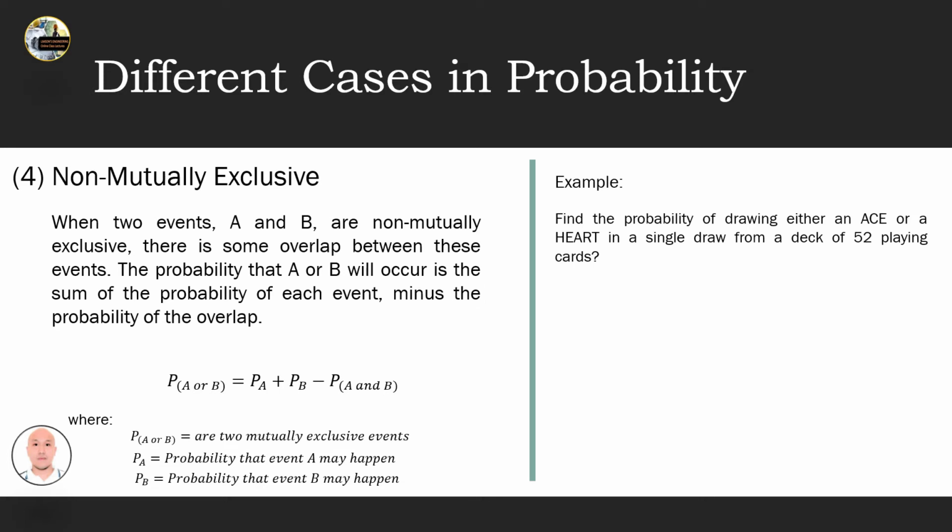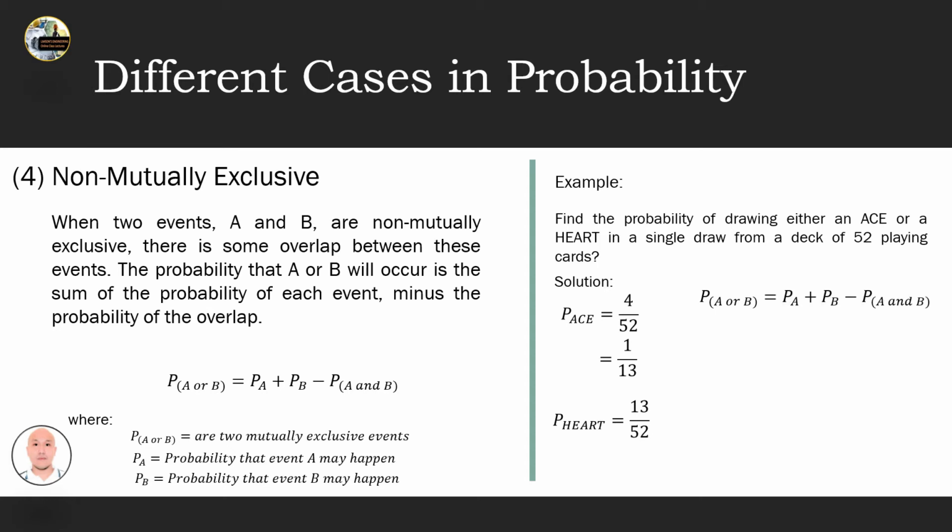Find the probability of drawing either an ace or a heart in a single draw from a deck of 52 playing cards. For P(ace), same, we have 4 aces over 52 cards, which is equal to 1 over 13. For P(heart), we have 13 cards, 1 to 10, then jack, queen, and king, so 13 hearts over the 52 cards.